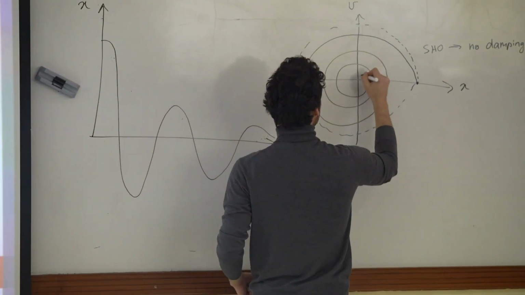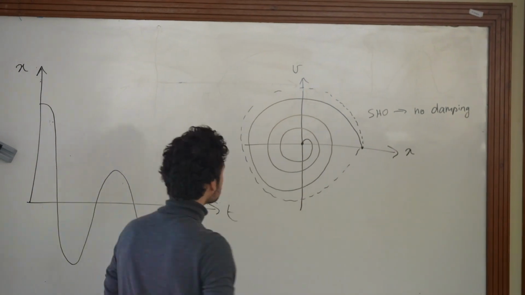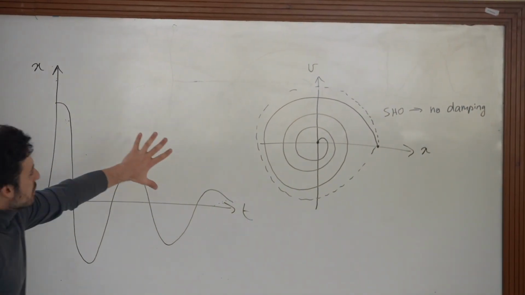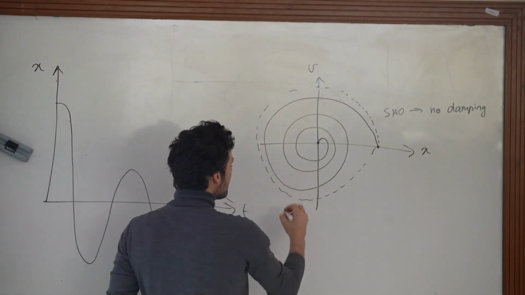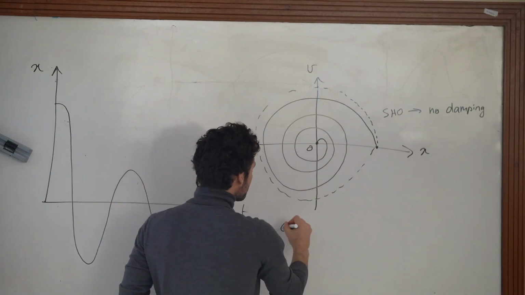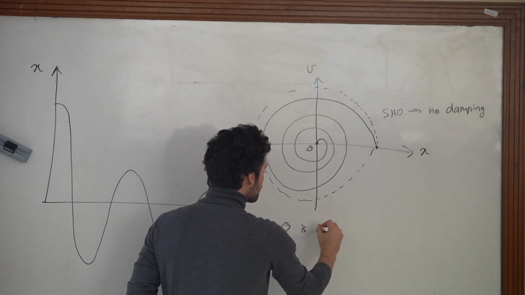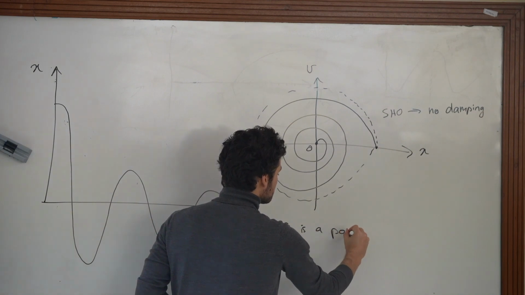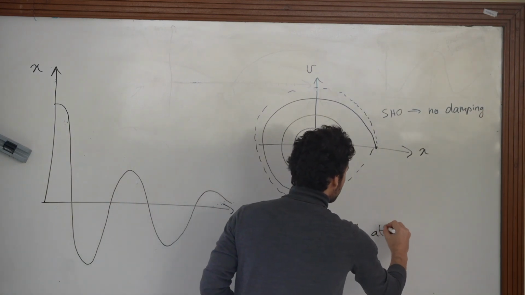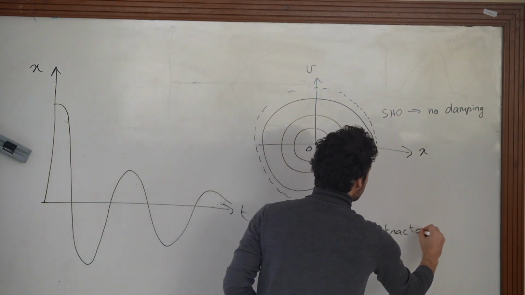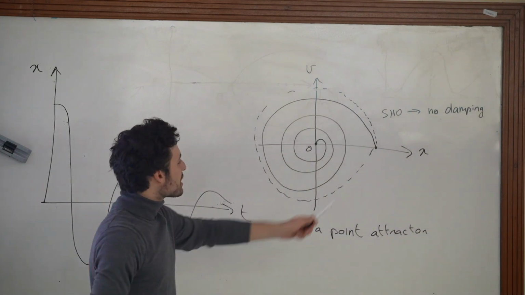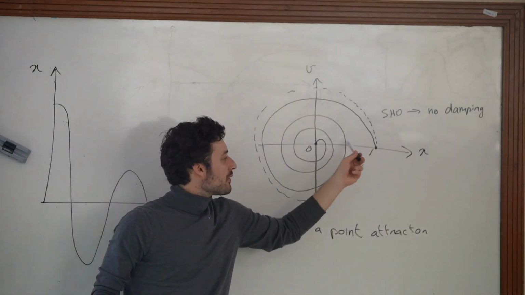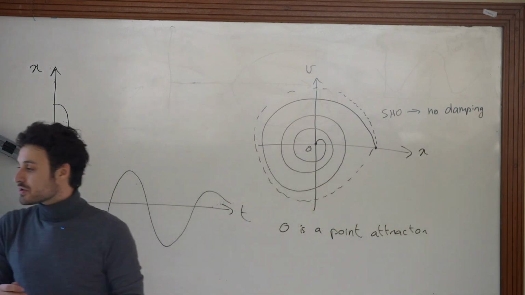And eventually it'll just reach this point here, the origin, O. O is what's known as a point attractor. What does this mean? It means that ultimately, any trajectory that starts out around here will eventually come to the attractor.